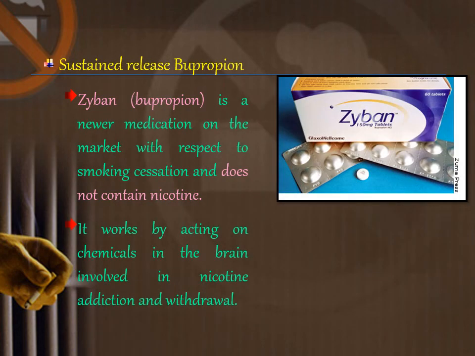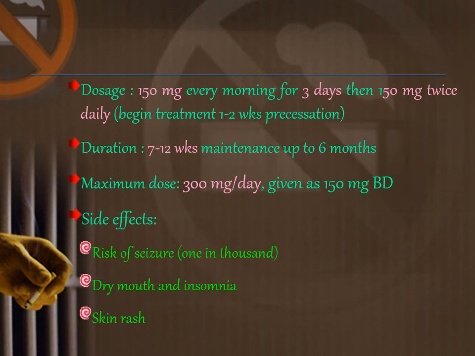Sustained release bupropion, Zyban, is a newer medication on the market for smoking cessation, and it does not contain nicotine. It works by acting on chemicals in the brain involved in nicotine addiction and withdrawal.